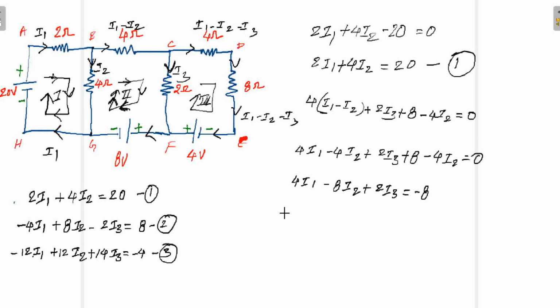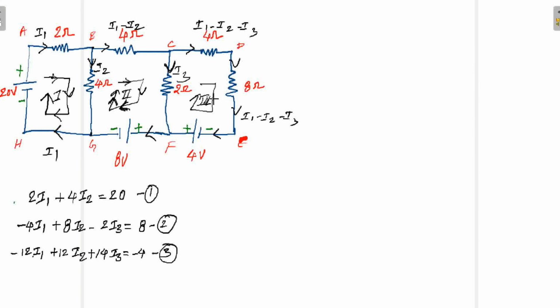Then minus 4I1 plus 8I2 minus 2I3 is equal to plus 8. We got your second equation. You can consider this equation also, you can simplify with this also. So we got the same equation, minus 4I1 plus 8I2 minus 2I3 equal to 8, the second equation.